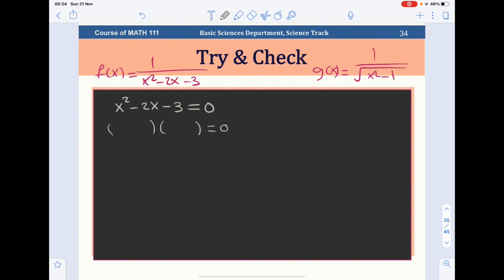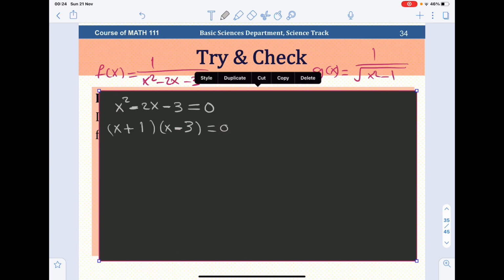We want to find two factors whose product equals -3 and whose sum is -2. To have a negative product, one of them is negative and the other is positive. And since the middle term is negative, the larger number would be negative. The two factors are 3 and 1: -3 times 1 is -3, and -3 plus 1 is -2.